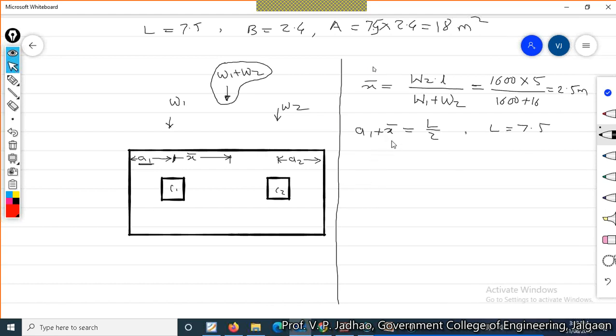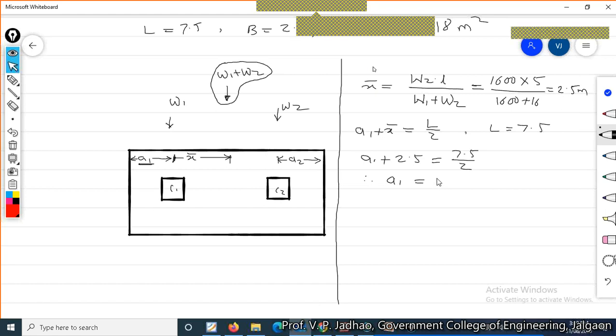Therefore, put the value of x bar and L by 2 in this equation. We will get A1 plus x bar, which is 2.5 meter, is equal to L by 2, that is 7.5 divided by 2. Therefore, we will be getting the value of A1. How much is A1? Okay, that will be 1.25.